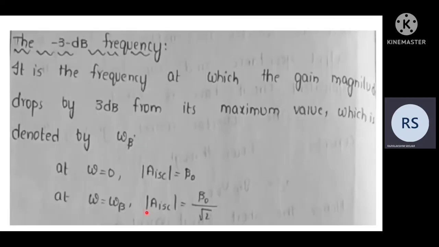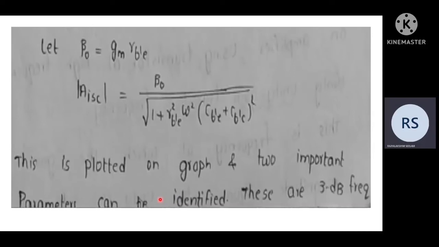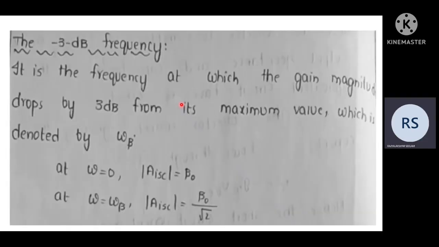Already we have seen the value of A_isc. Mod A_isc equals beta naught by square root of 1 plus r square b'e omega square into (C_b'e plus C_b'c) whole square. So this is the value, so we can replace with this one.